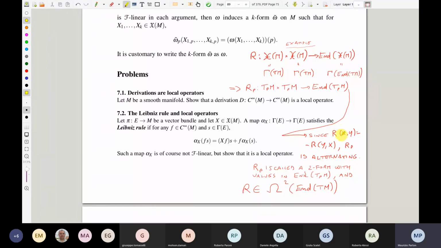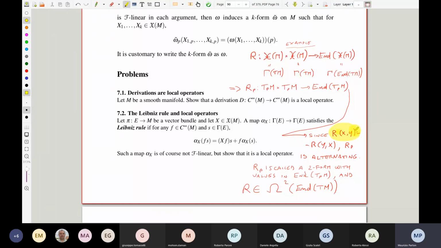Remember that the curvature takes two vectors, and the result is something that you put a vector into and you obtain another vector. So the result is an endomorphism of the tangent space. You remember this.